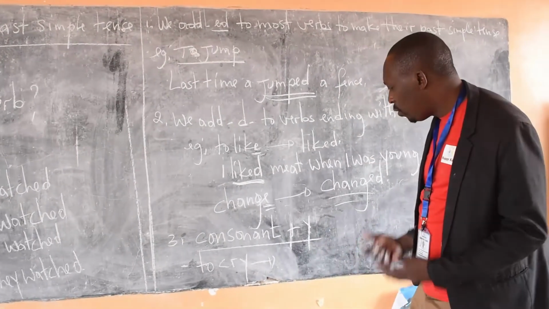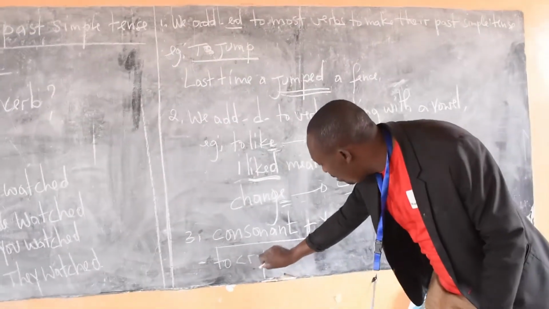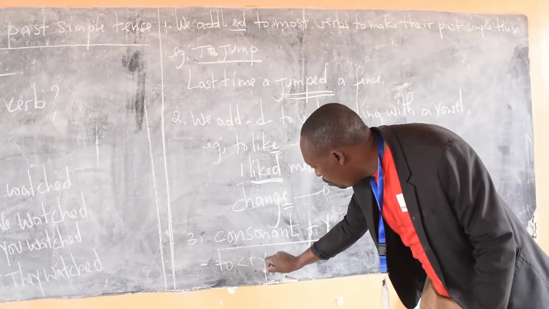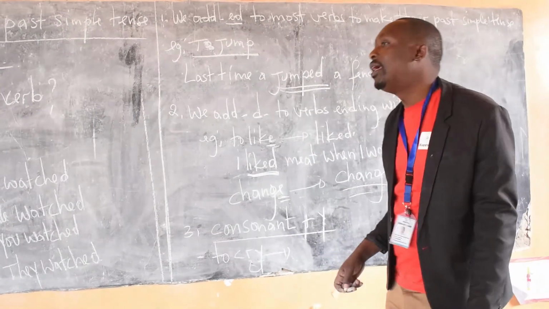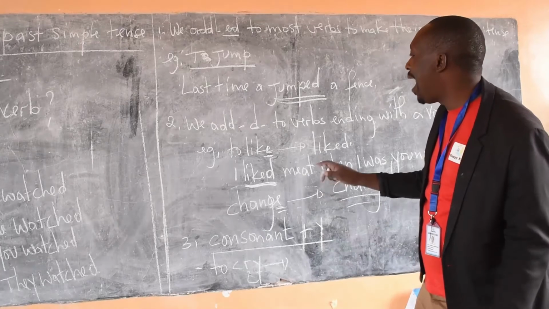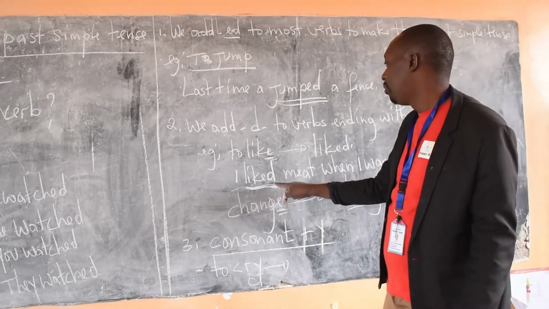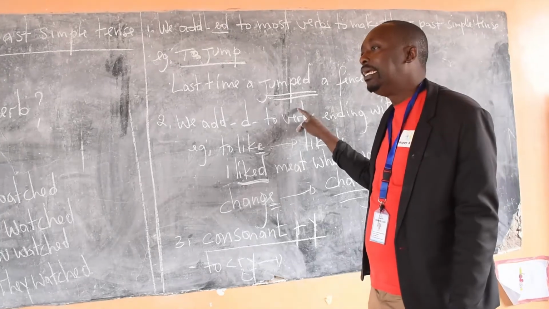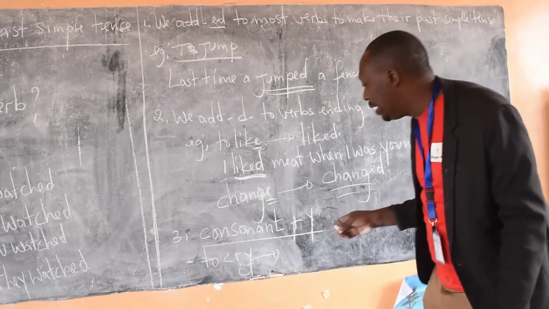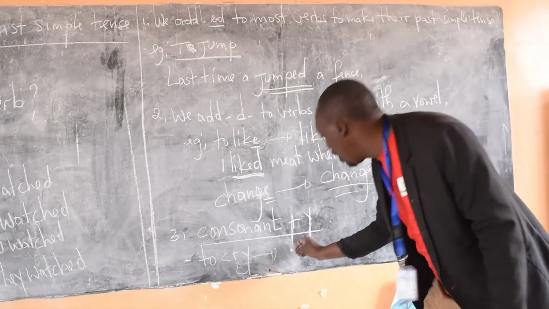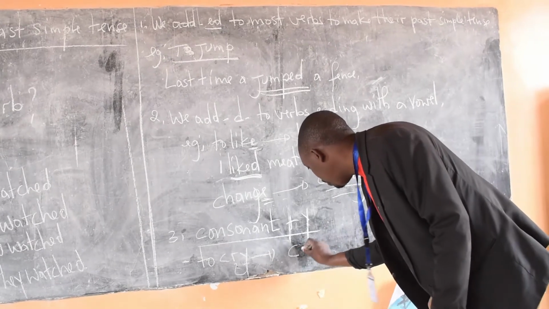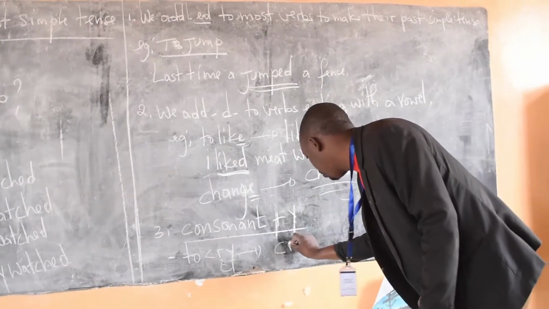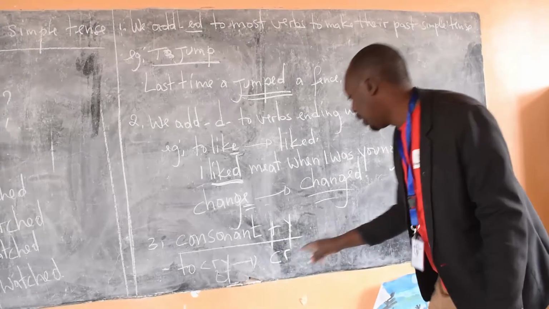So, in case you have such a verb which ends with y, and before y there is a consonant, then we don't add d, and we don't add ed immediately. Before adding ed, we have to change this verb like this.